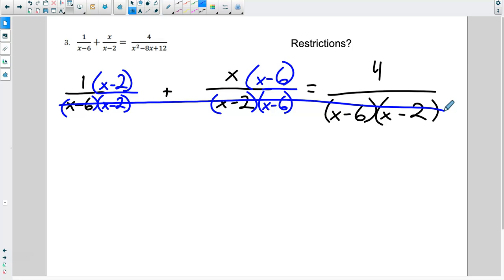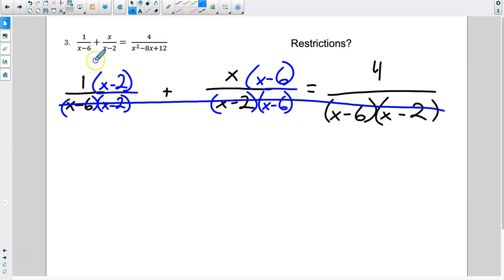You don't have to deal with it. That's because if I times the left side by x minus 6, x minus 2, I times the right side by that, and it all cancels out. And I don't need you to show all that canceling out because it's really just cross multiplying. It's just a little more fancy. So this is the other way of doing it. This is honestly my preferred way of doing it. However, you've got options, so I show you both.